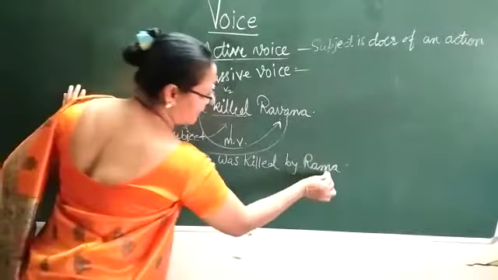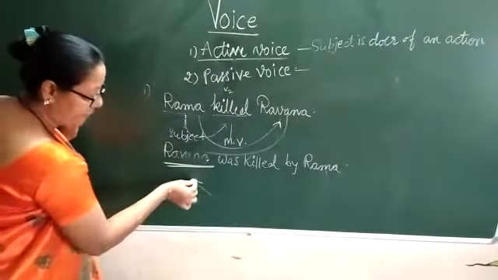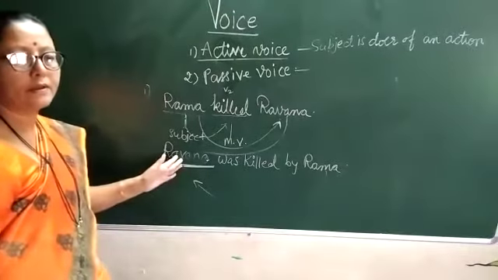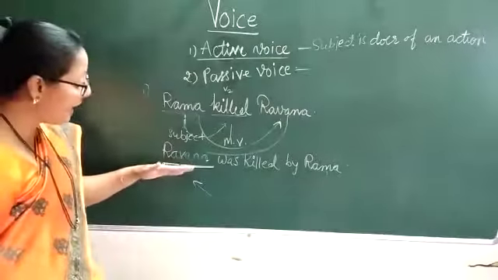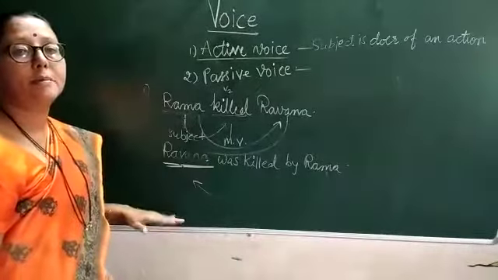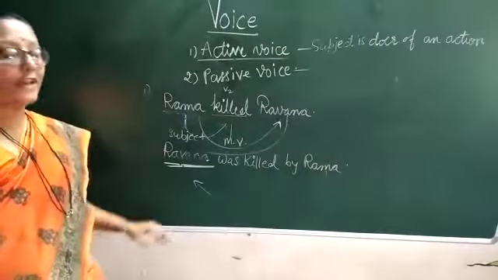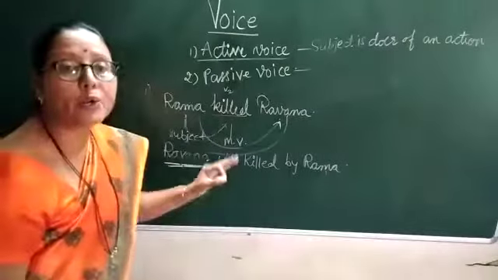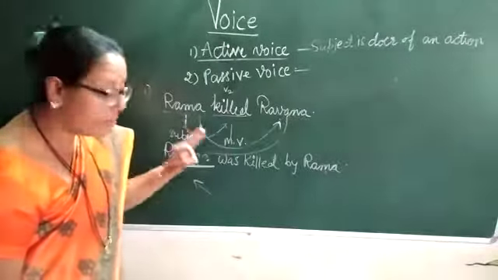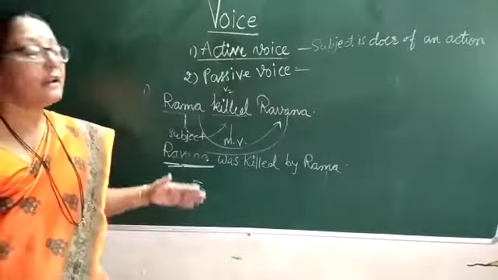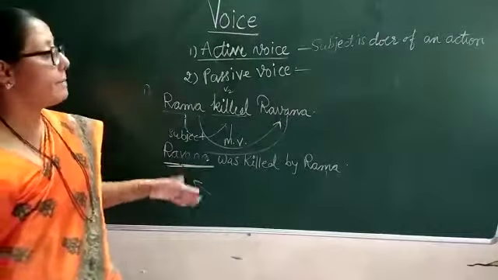Action over here only again. Who did that action? Rama did. Something happened to the object here. What happened? Ravana was killed. By whom? Ravana was killed by Rama. When something happens by the subject to the object, we say the sentence is in the passive voice.